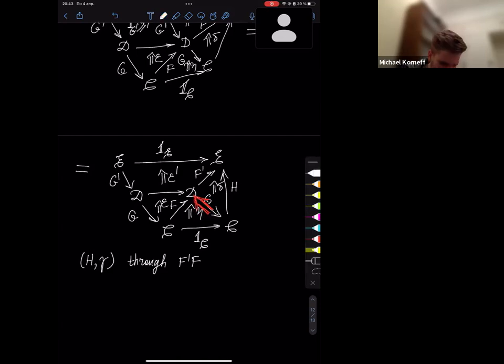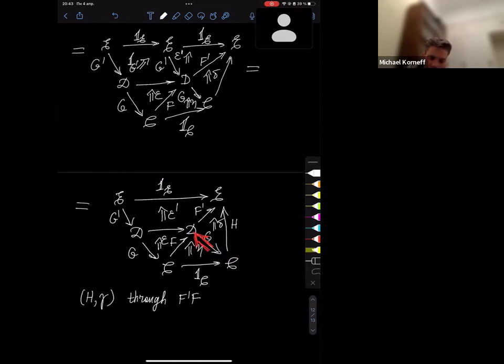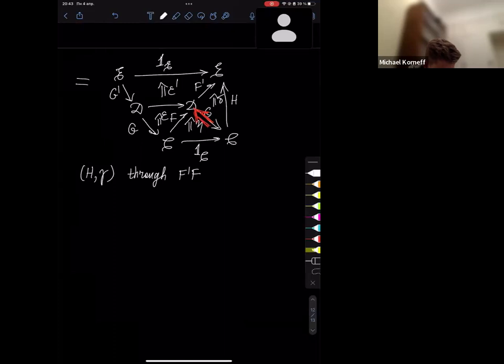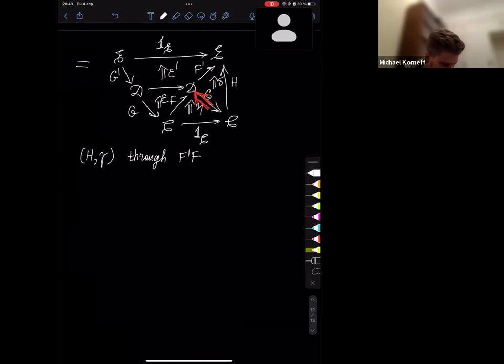And now we should prove that this factorization is unique. Let's prove it.